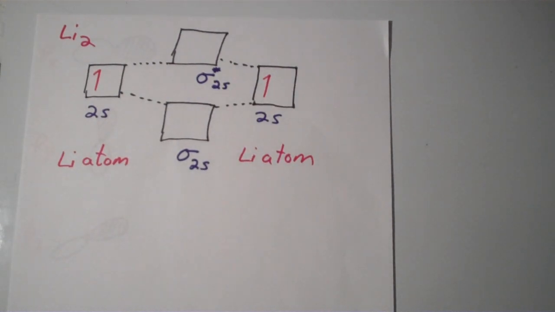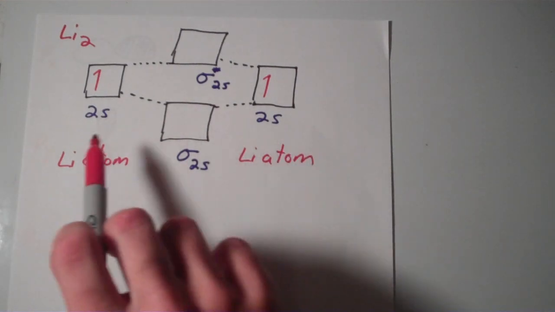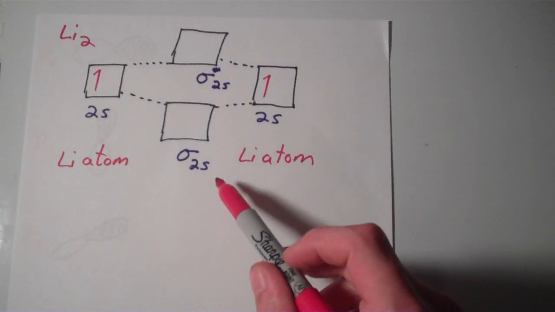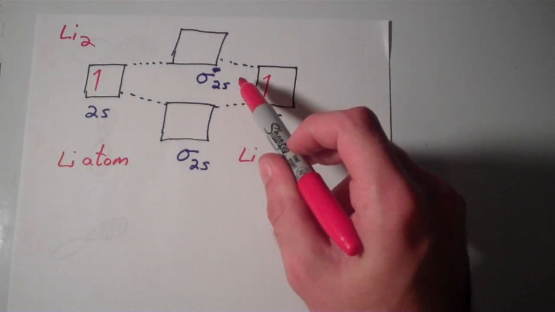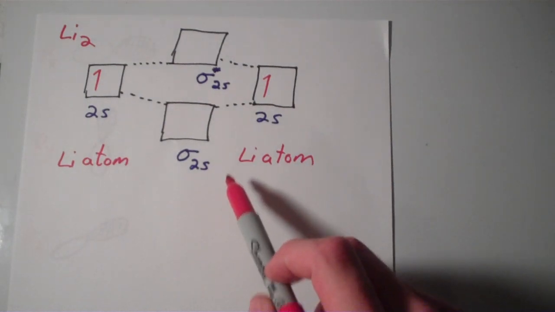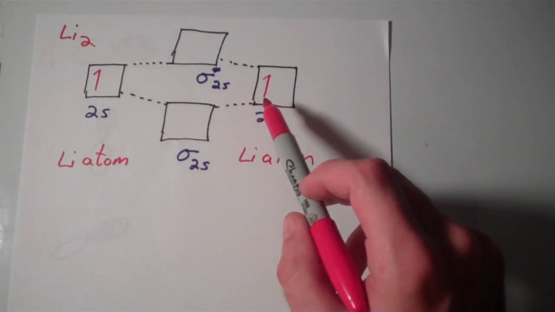So each lithium atom has one valence electron, and when the two 2s orbitals combine, they form the sigma 2s and the sigma 2s star molecular orbitals. The sigma 2s orbital is a bonding MO, and the sigma star 2s is an anti-bonding MO.